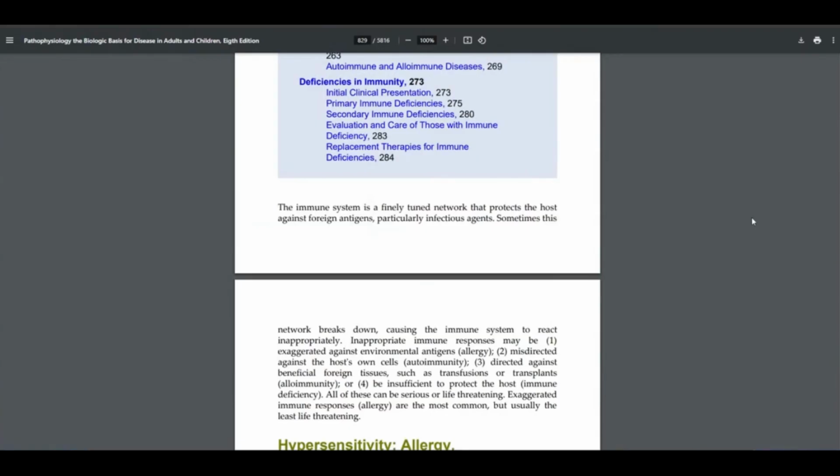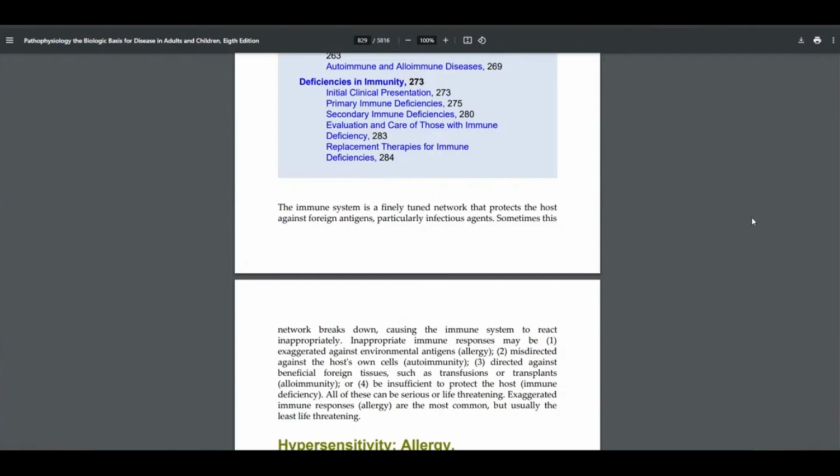The immune system is a finely tuned network that protects the host against foreign antigens, particularly infection or infectious agents. Sometimes this network breaks down, causing the immune system to react inappropriately.